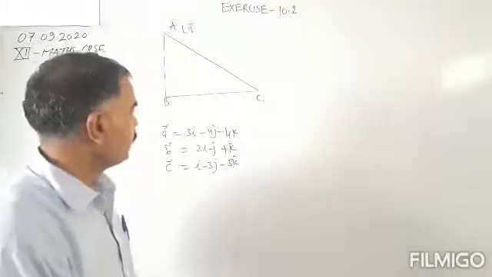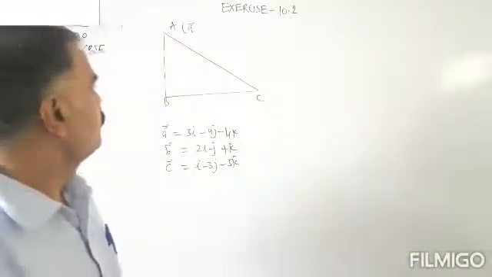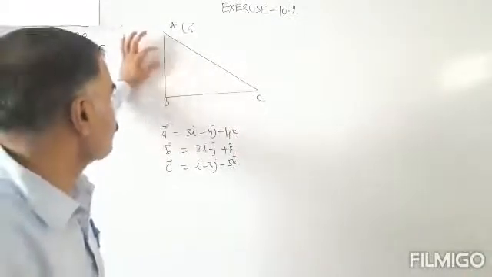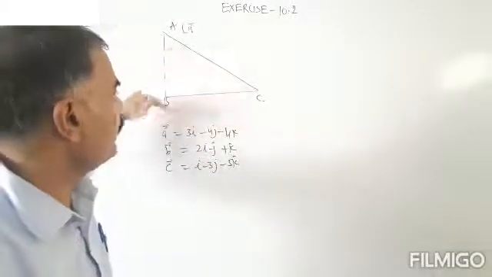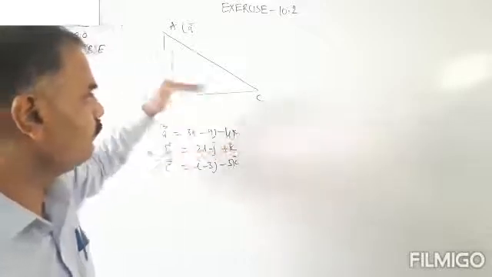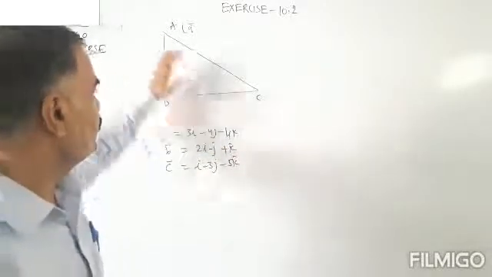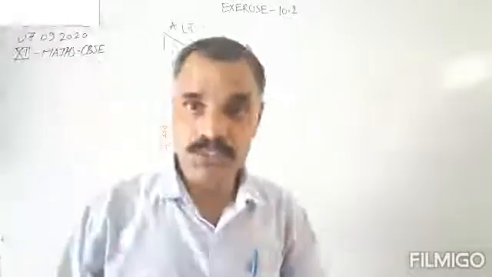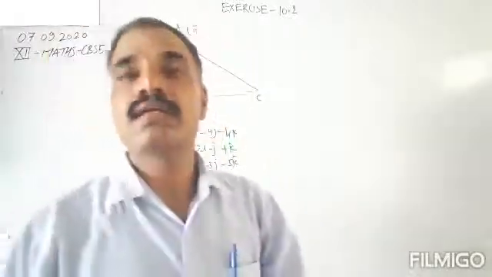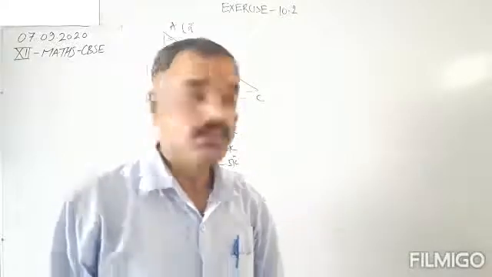In the Pythagoras theorem we have the distances of the sides, that is AB, AC and BC. So first of all we will find AB vector, BC vector and AC vector, and after that we will find the magnitudes, and then we will satisfy the Pythagoras theorem.